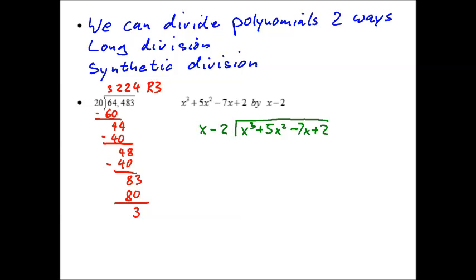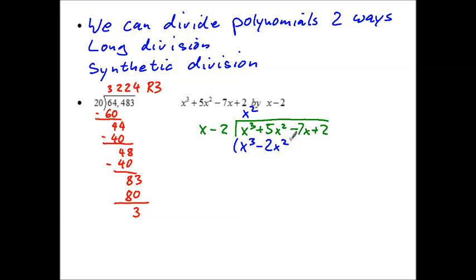So now we look at the first term of our dividend, x cubed, and divide it by the first term of our divisor, x, and we get x squared. And now we take the result, x squared, and multiply it back by both terms of the divisor. X squared times x is x cubed. X squared times negative 2 is negative 2x squared.